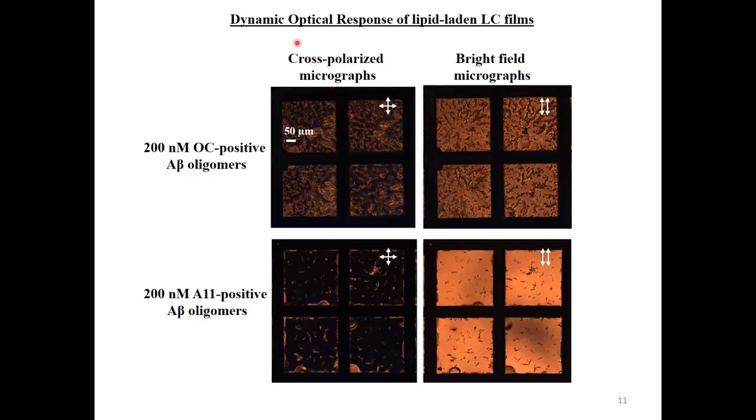Next, we looked at the dynamic optical response of lipid-laden liquid crystal films in presence of OC positive and A11 positive A-beta oligomers. The addition of conformationally distinct oligomers to the lipid-laden interface resulted in elongated birefringent domains.